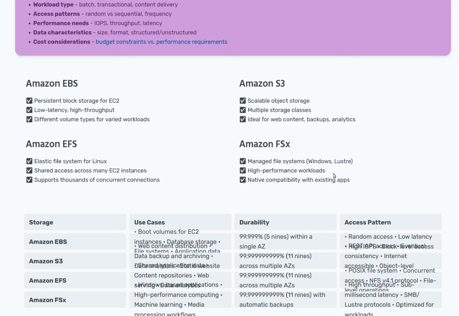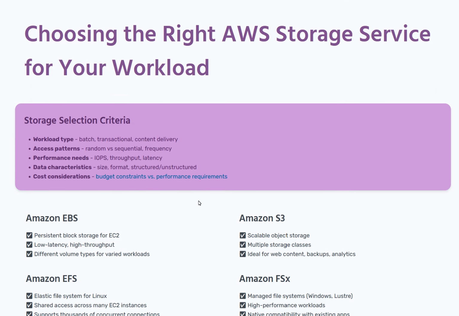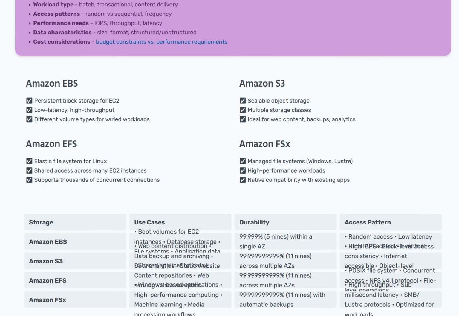S3 is for archiving, backup, static web content, and all of that stuff. Then EFS is a Linux type file system. They all have durability of 11 nines, while EBS is only 5 nines. Everything else is 11 nines, right? And that is how you go about choosing the right storage service for your workload, right?